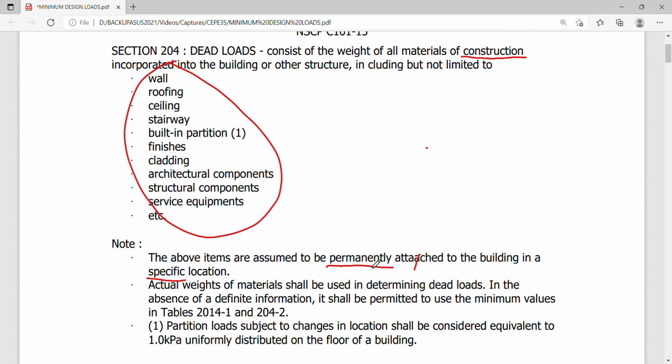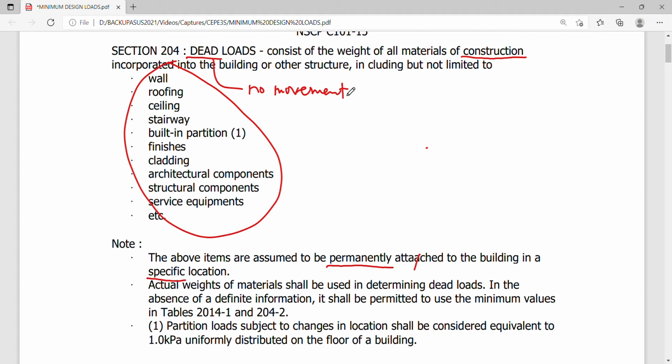So the word dead here simply refers that there is no movement of the load from one specific location to the other. So when you say movement, the loads does not appear in one location now, and after an hour it goes somewhere else.